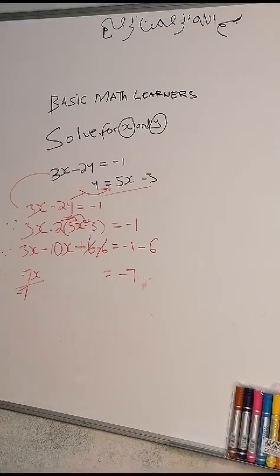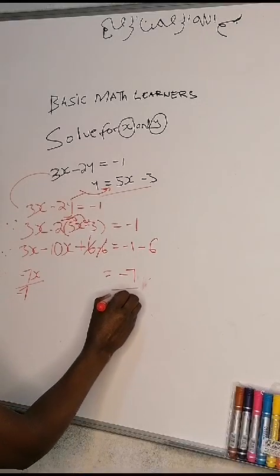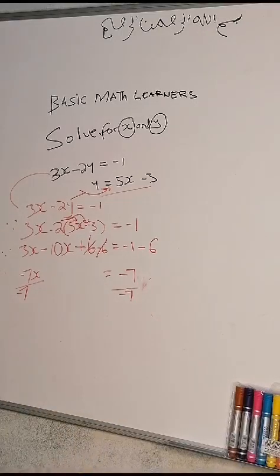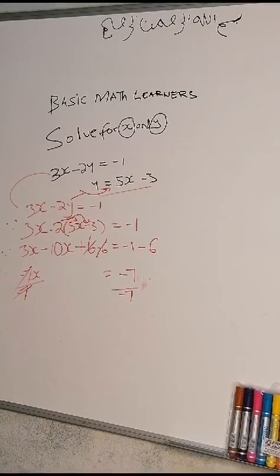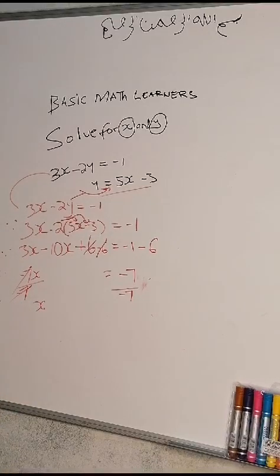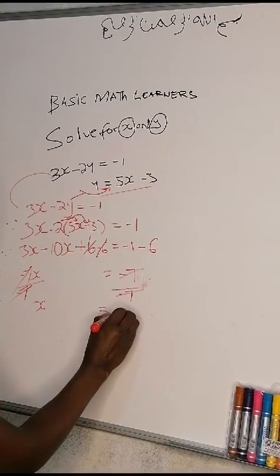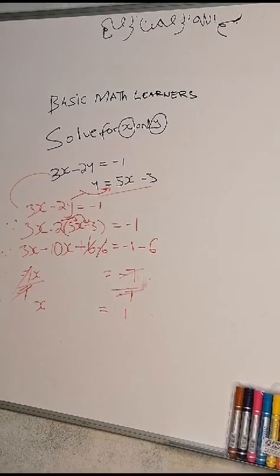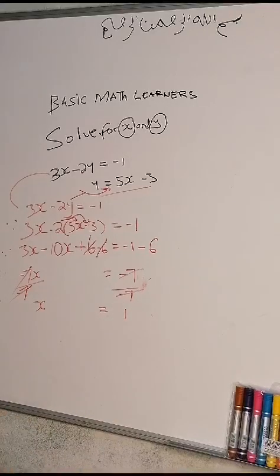Remember, don't you forget, whatever you do to one side, you must do to the other side too, which means this side I must divide by minus 7. Minus 7 divided by minus 7 gives me 1. Therefore, x has got coefficient 1 now, which we don't write. Minus 7 divided by minus 7 gives me positive 1. Therefore, my x equals 1. You find the value of x.